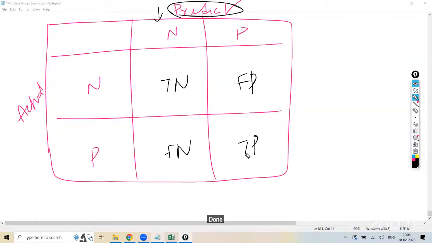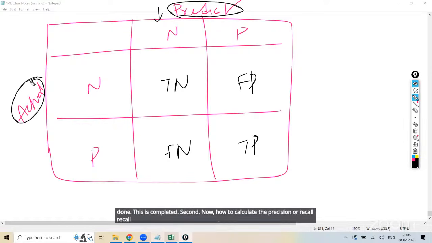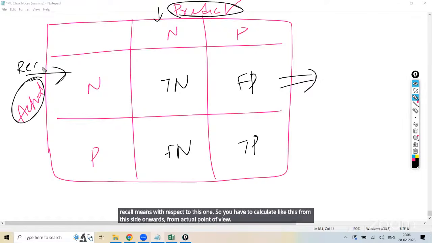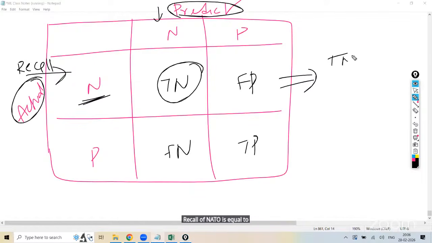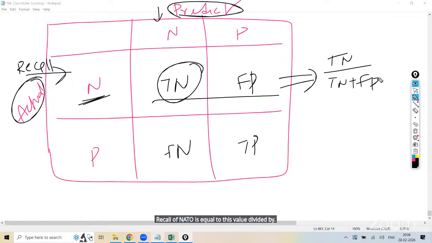Done. This is completed. Second, how to calculate precision or recall. Recall means from the actual side.